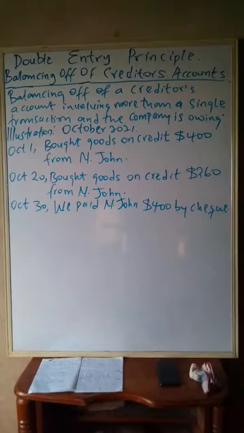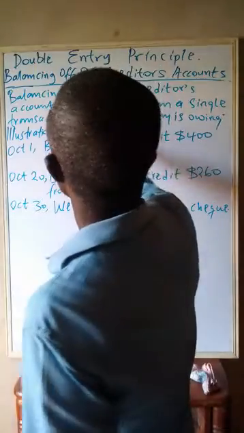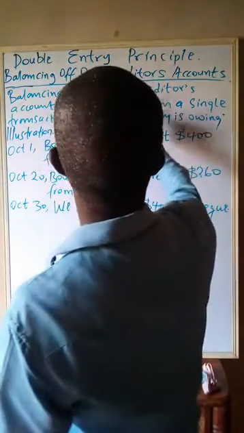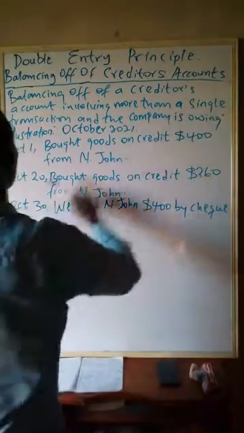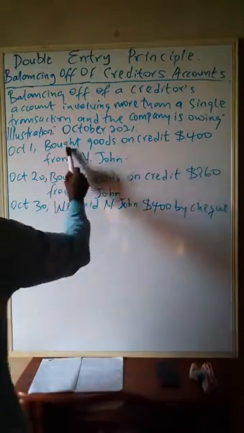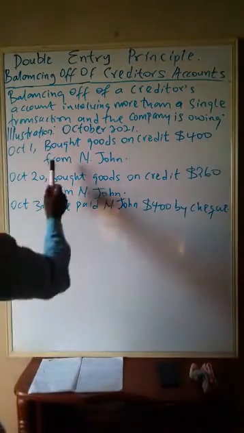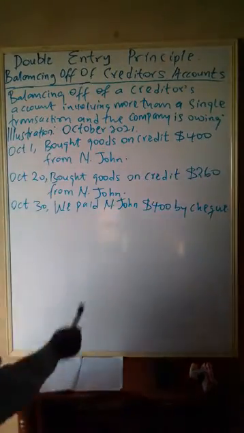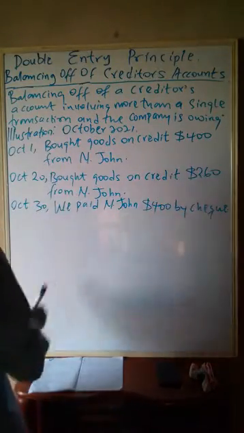We now solve the illustration, balancing off of a creditor's account involving more than a single transaction, where the company is owing. October 2020. October 1st, bought goods on credit, $400 from John. October 28th, bought goods on credit, $260 from John.